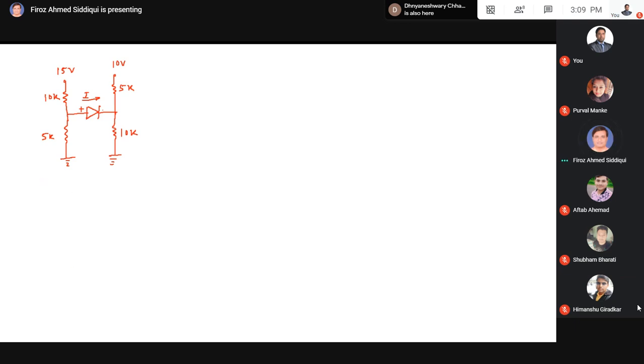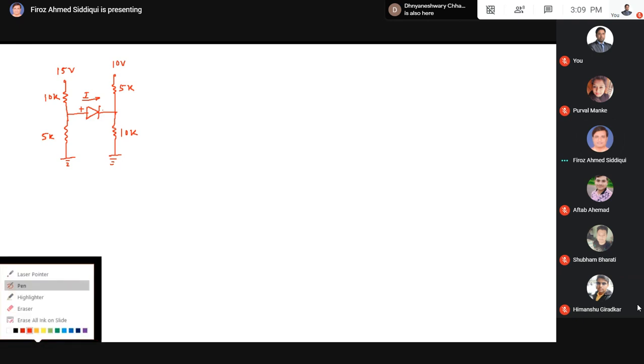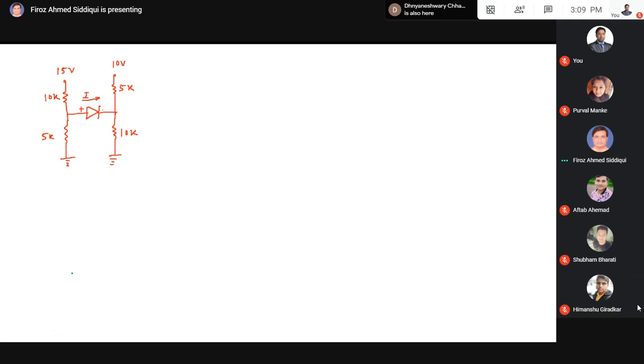Let us see. So, cut this circuit from here and from here also.